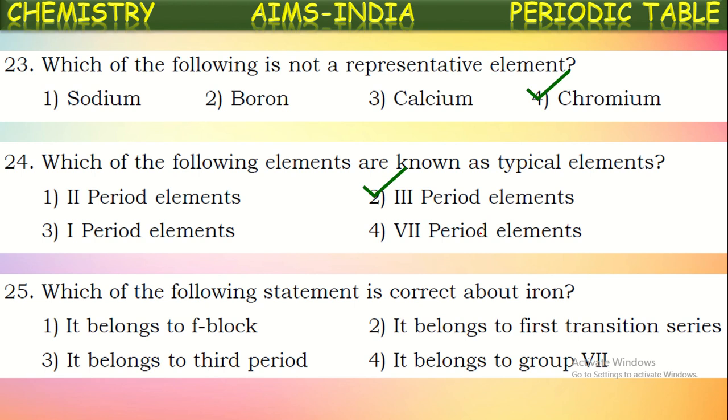In the d block, the first horizontal row is known as the first transition series. Those elements are from scandium to zinc. In between these, there is iron. So iron belongs to the first transition series. It belongs to the fourth period, not the third period. It belongs to the eighth group, not the seventh. Okay, the only correct answer is that it belongs to the first transition series.